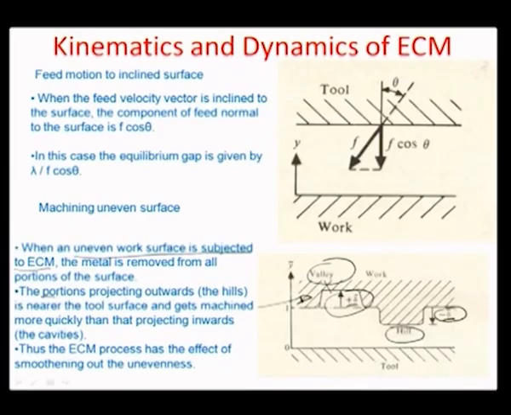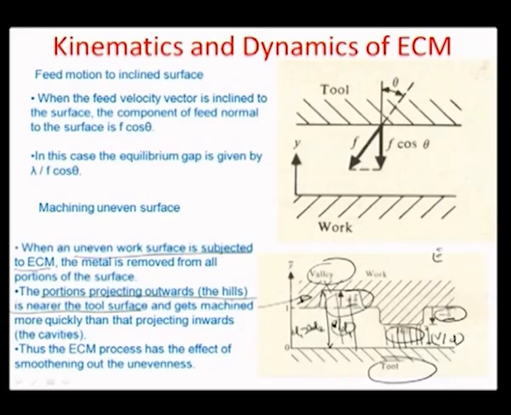So the portions projecting outwards, the hills, are nearer to the tool surface, this being the tool. So these hills are nearer, and simultaneously the electric field between the hills and the tool would be more, the lines of force would be more, because electric field is potential difference divided by d, and d is lesser here. And the valleys are at some distance from the tool, which is a higher distance, and therefore, if you assume the same potential difference V over another distance d1, where d1 is much greater than d2, the electric field available here is much more sparse.